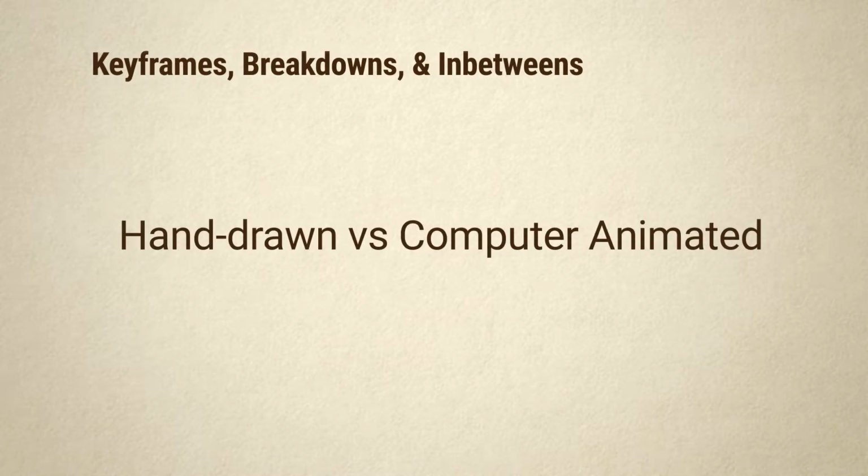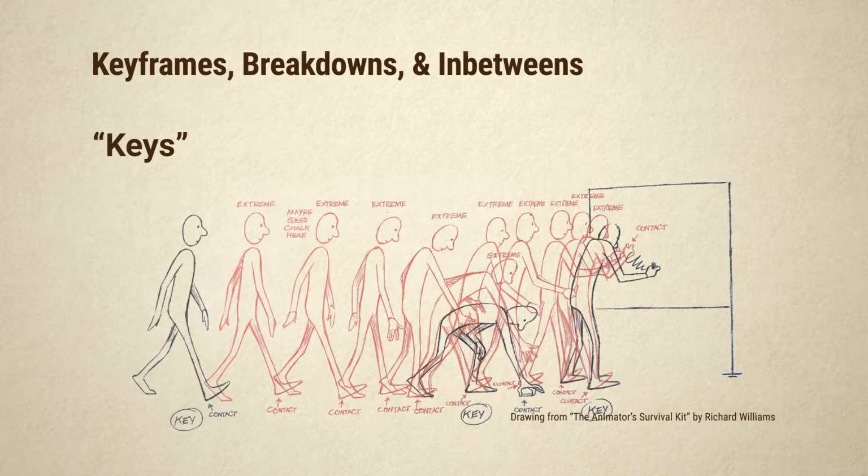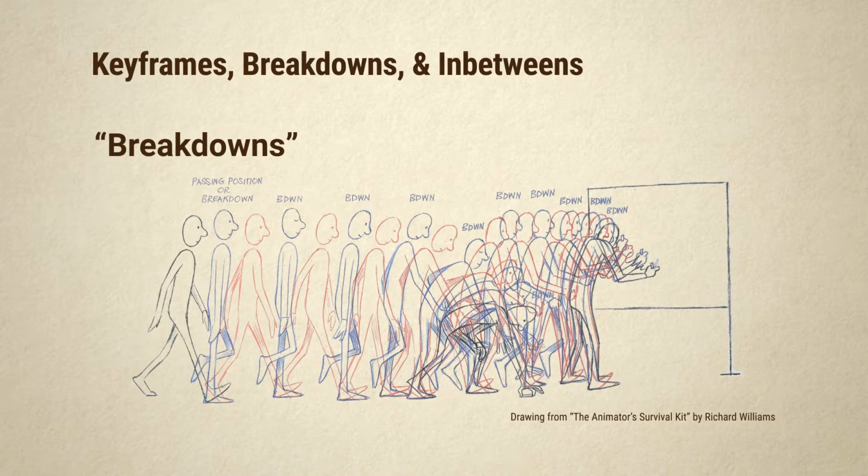Keyframes, breakdowns, and in-betweens are important terms, but they mean slightly different things depending on the type of animation you're doing. In hand-drawn animation, keyframes, or just keys, are the major important poses that define the scene. Breakdowns come between keys and define what the motion from key to key will be.